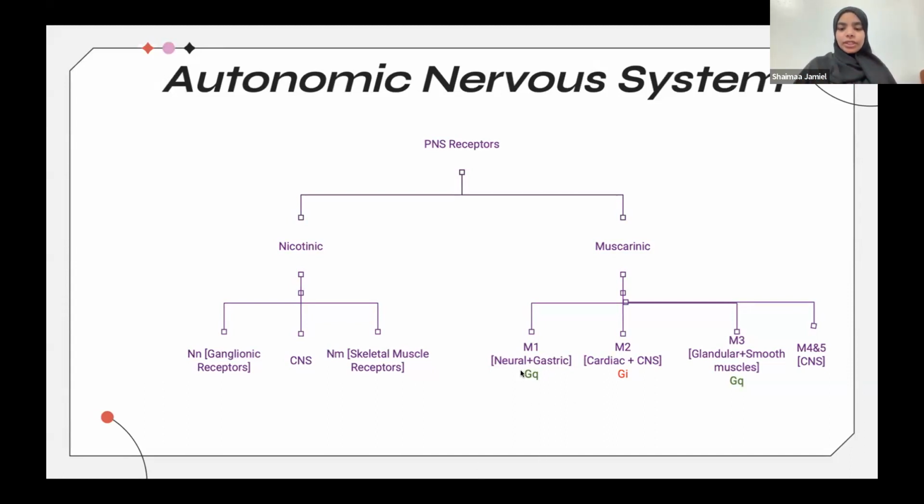So M1 is Gq, then M2, which is in the heart and CNS, is Gi, so it inhibits adenylate cyclase. And then we have M3, which is in glandular and smooth muscle cells, and this is Gq again. So it's QIQ. M4 and M5 she doesn't mention, so we don't have to know them.